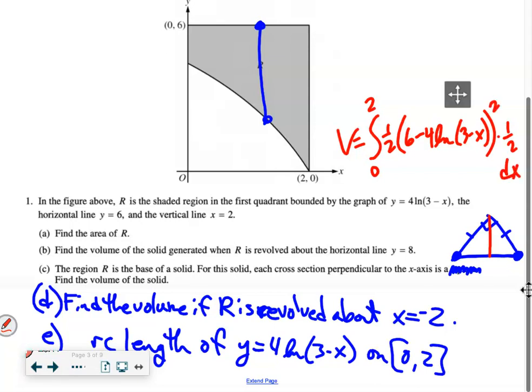So you end up with 1/4 times (6 minus the log function) squared. Some of you like to divide by root 2, but either way, no matter how you do it, you're going to end up with 1/4 times (6 minus log function) squared.